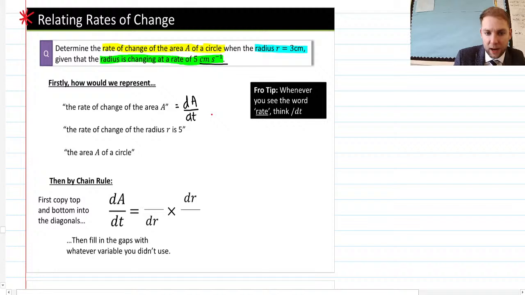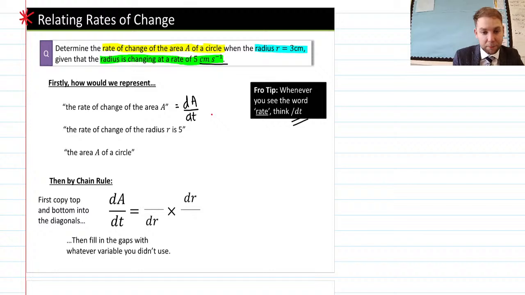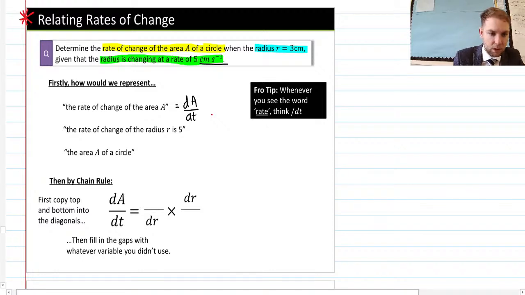Whenever you see the word rate, think about dividing by dt. The rate of change of the area means divide by dt. So the rate of change of the radius is 5. So I'm going to say that dr by dt is equal to 5.